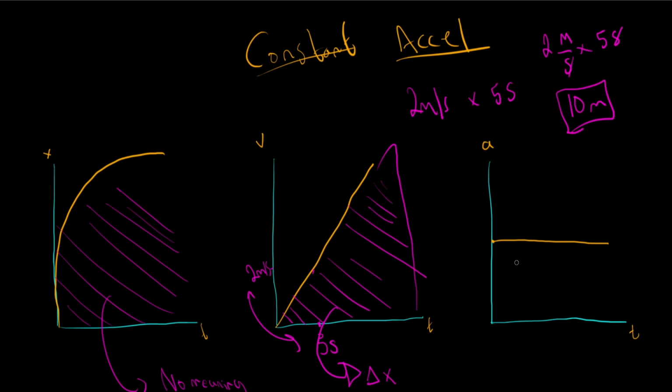Now finally, the area under the acceleration graph represents the change in velocity, so delta v.